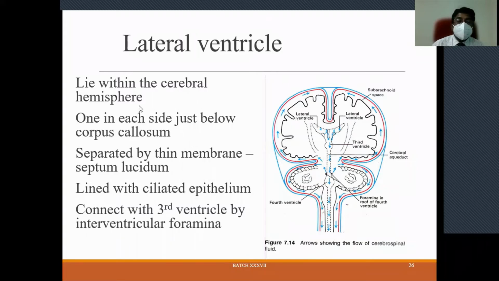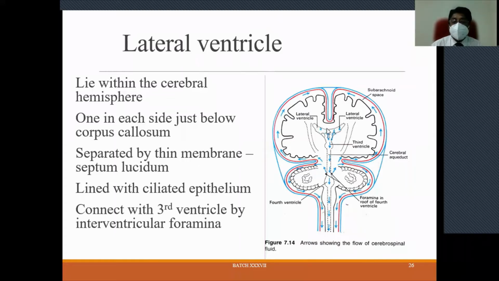So the lateral ventricle is located not behind but below the corpus callosum, right?